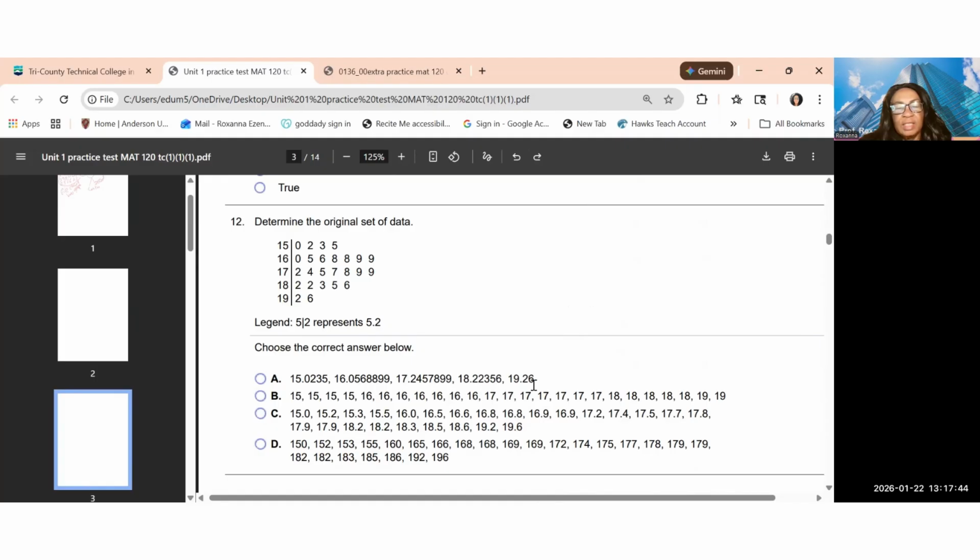B is not the answer. C, let's see. The first digit is 15.0, the second digit is 15.2. Let's look at the last two: 19.2 and 19.6. So the correct answer should be C. So the correct answer is C.